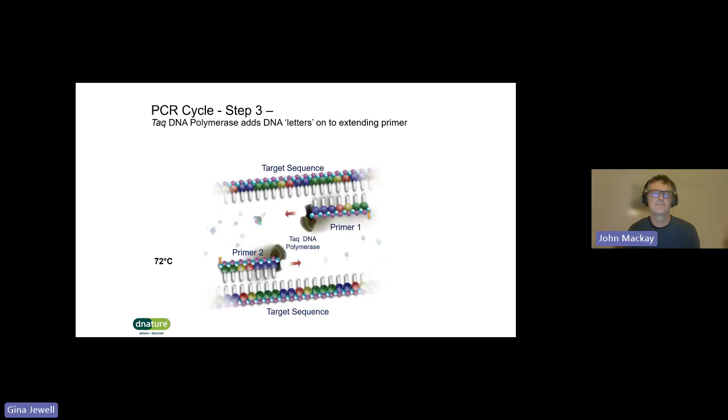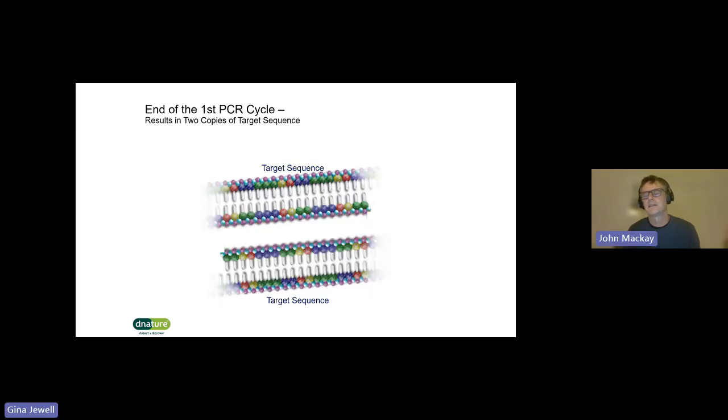Next slide. The same way that DNA is copied in our cells when our cells reproduce, the enzyme will copy from the ends of the primers, and next slide, result in a doubling of the DNA.